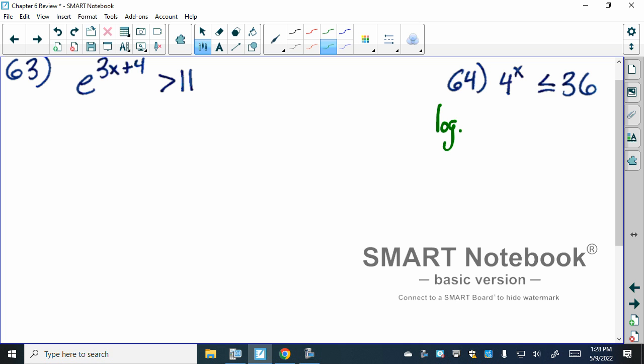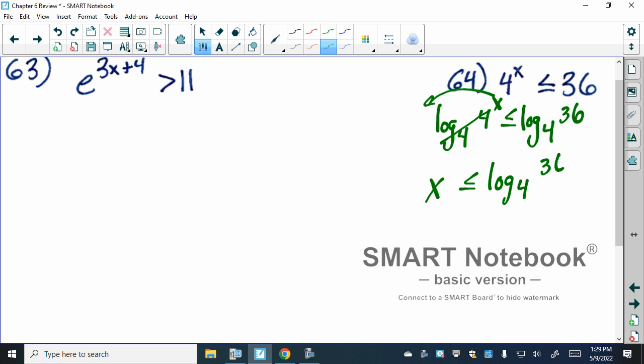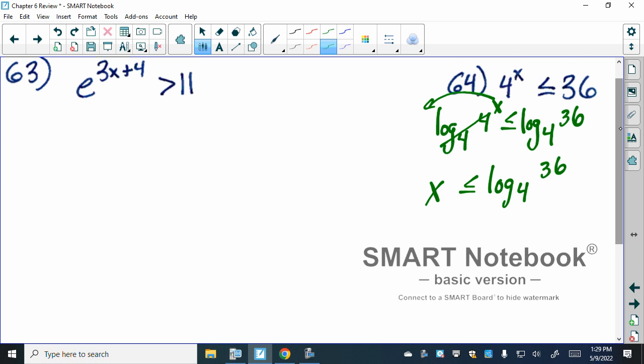Now for 64, the first thing we're going to do is apply log base 4, guys, to both sides. Now, guys, on the left-hand side, log base 4 of 4 will cancel, leaving us x by itself. On the other side, we'll have log base 4 of 36.